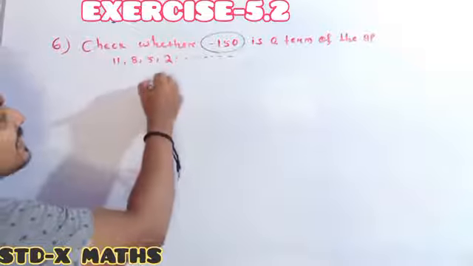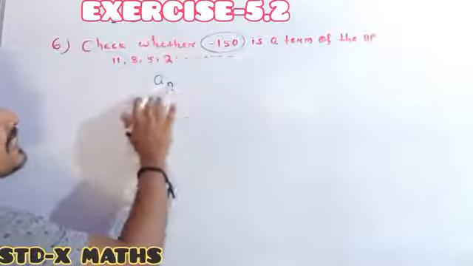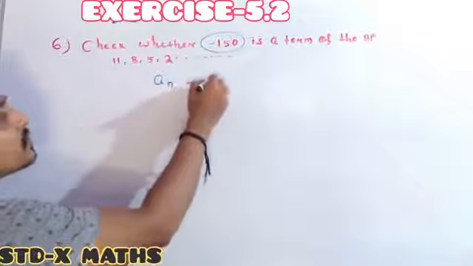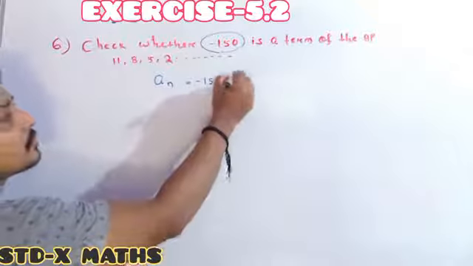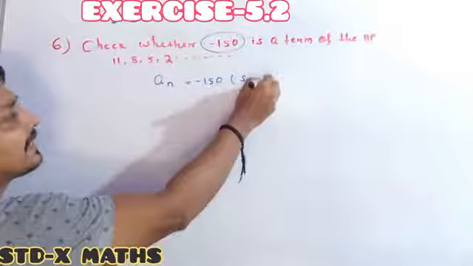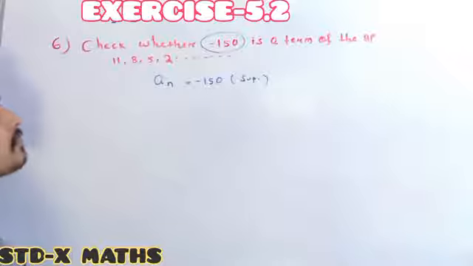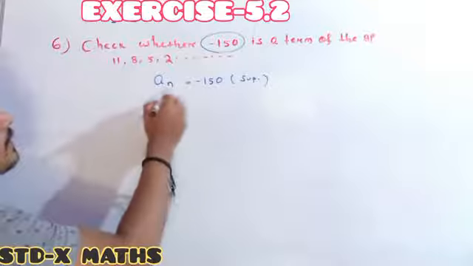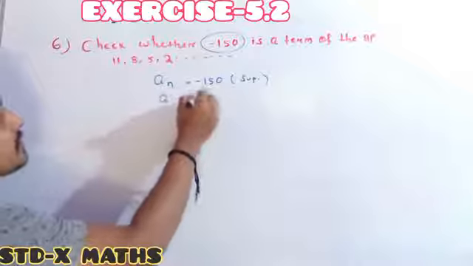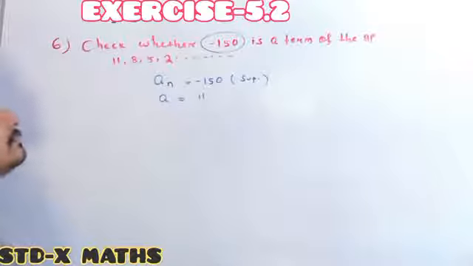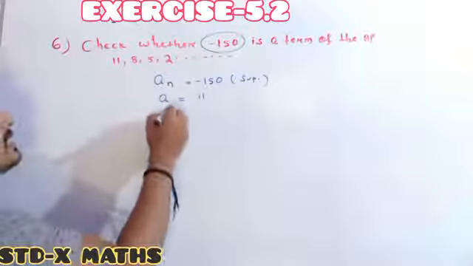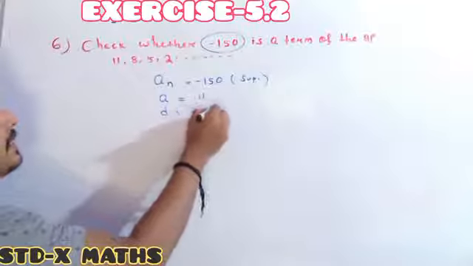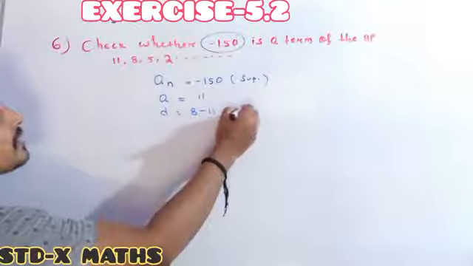Suppose we say the nth term is minus 150. Thereafter here A is given, A means first term, given as 11. D is given, 8 minus 11, which is minus 3.